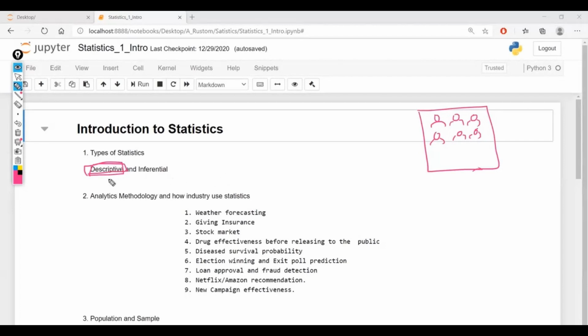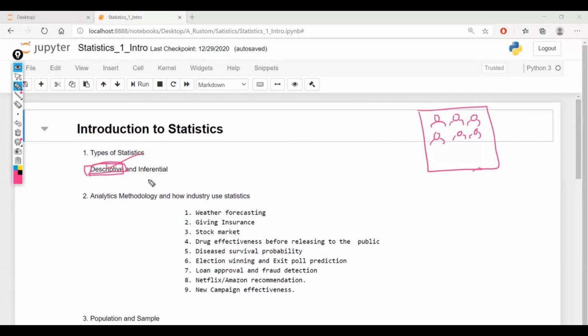So it could be marks, it could be the average height of students, the average height of a population, or any length or width, the average width of any product or the quality of products. If I'm able to describe the items, if I'm able to describe the data, then I will call it descriptive statistics.